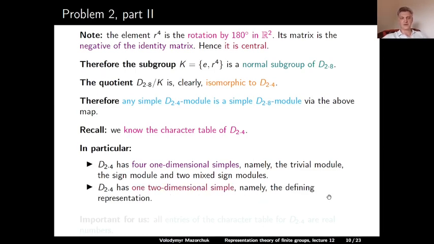This is the defining representation of D2 times 4. And the important thing for us is that all entries of the character table of D2 times 4 are real numbers. So the corresponding piece of the character table of D2 times 8 will consist only of real numbers.